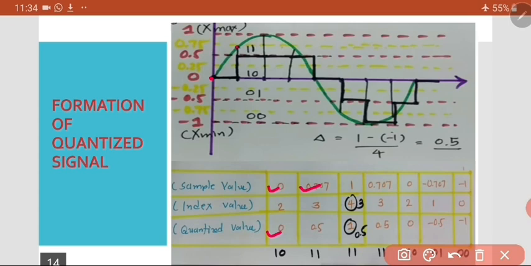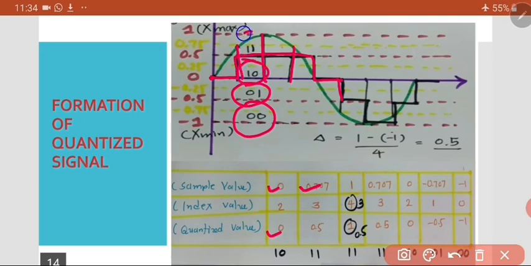Okay, so that's how this analog signal will be sampled, then we will get this quantized signal, and from that quantized signal we will get this digital output.